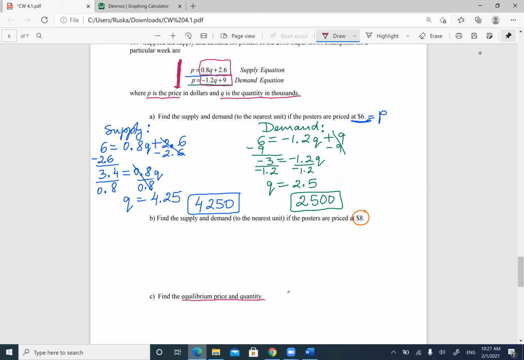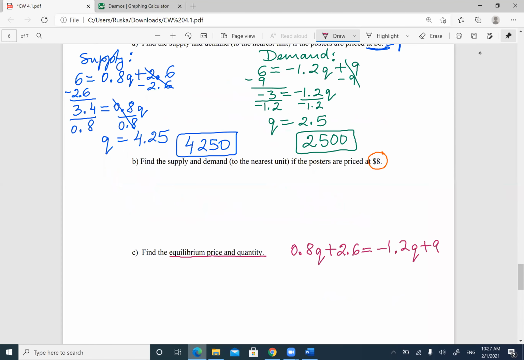So it's going to be 0.8 Q plus 2.6 equals negative 1.2 Q plus 9. So this is what you have to solve to find the equilibrium price and the demand.